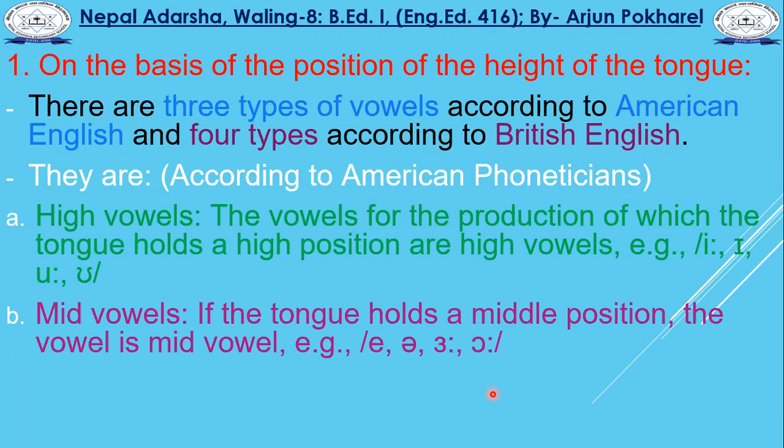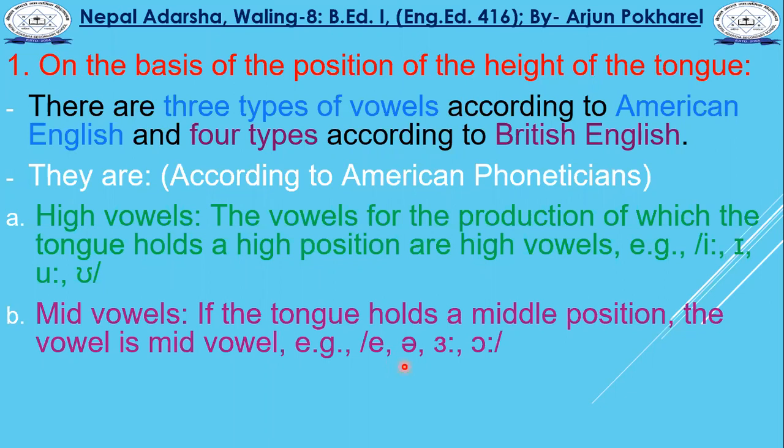The vowels produced in this way are mid vowels. While producing these four different vowels, you can produce the sounds and realize where your tongue is.